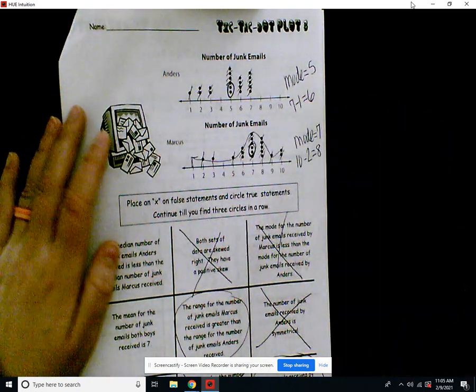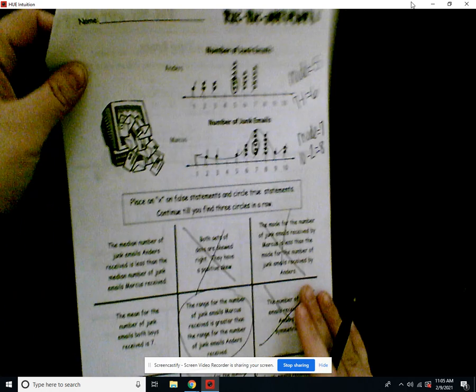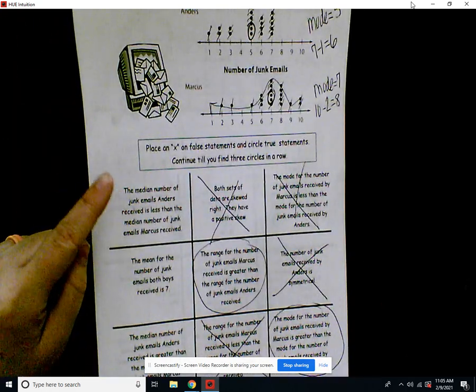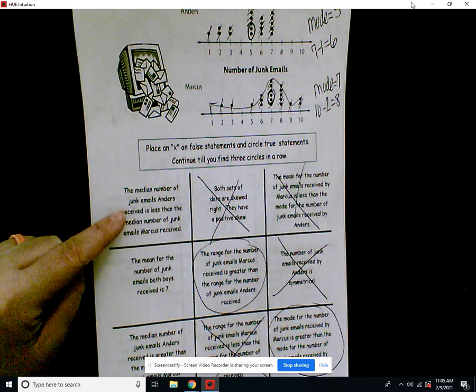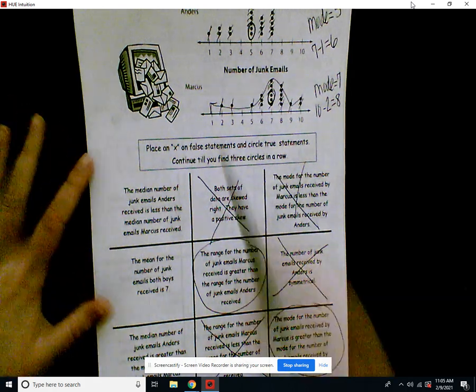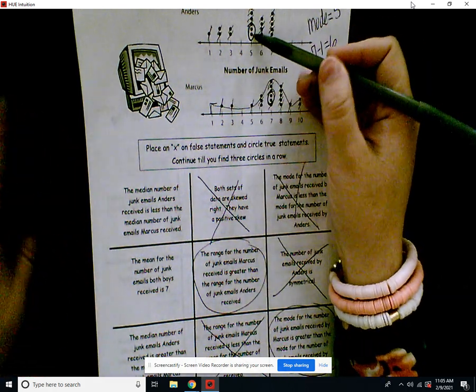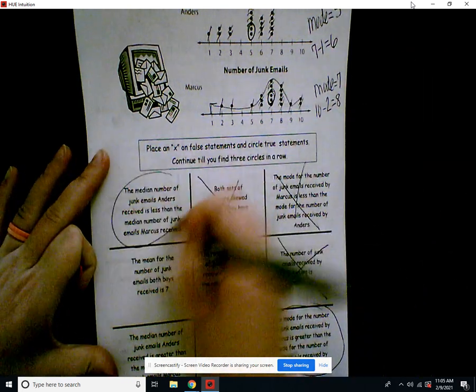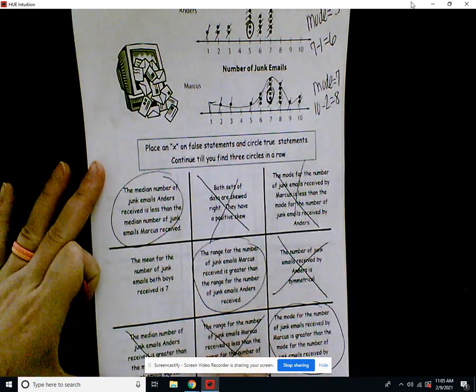Marcus is 7. Okay. So now we read it. The median number of junk emails Anders receive is less than the median junk emails for Marcus. That is true because Anders' median was 5. Marcus's median was 7. So that means this one on the bottom is wrong.